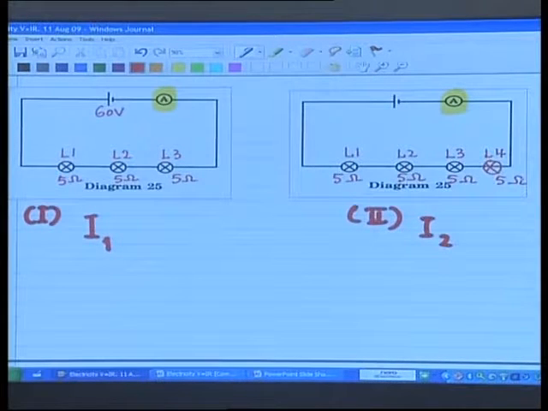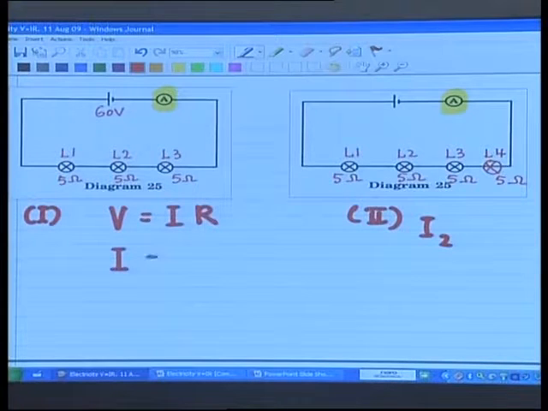Right now, look at circuit number 1. What is I1? As you know, we are looking at V equals to IR. So what is the value of I?